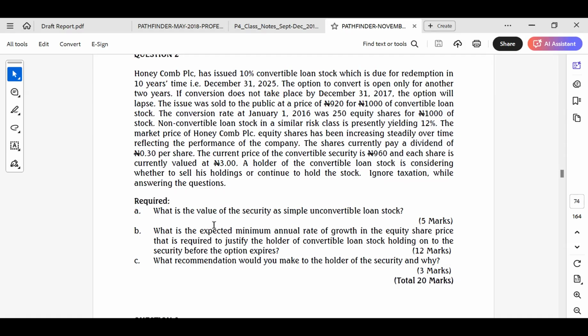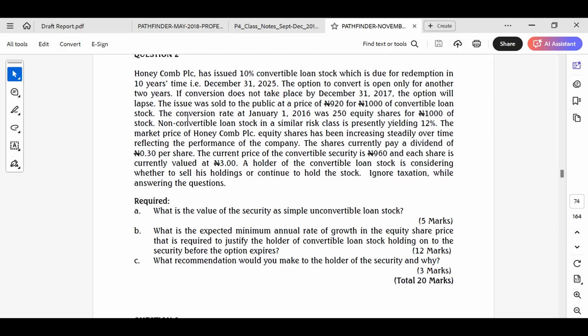So they're asking us to calculate the market value of the loan stock as a simple unconvertible. They are not asking us to calculate the market value of convertible loan stock. They are asking us to calculate the market value of unconvertible or non-convertible loan stock. So this is still the normal market value that we are familiar with. Okay, what do we need to calculate our market value of debt? We need coupon.